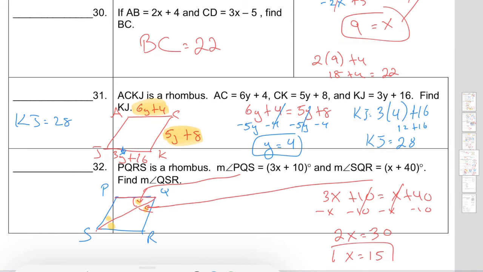And so really all I gotta do is plug it into either one of these two and I get my answer. So I'm gonna plug it in this one. So we got 15 plus 40 gives me an angle measurement, which in this case, the angle measurement of QSR is 55 degrees.